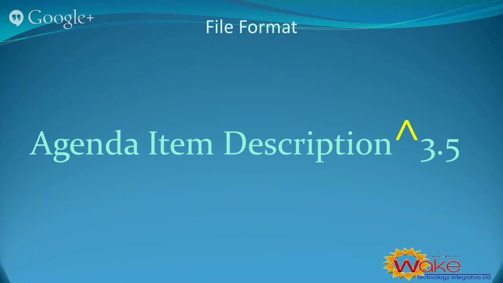This hat or cap character is used as a separator between the two parts of an agenda item. We could have used the comma as the separator, but then that would have prevented you from using a comma as part of the agenda description. So we keep the file format, etc.